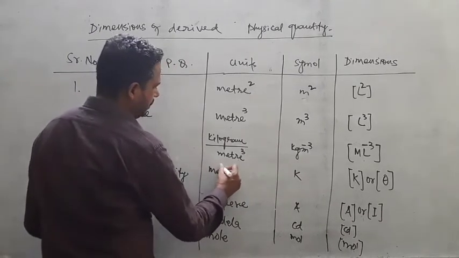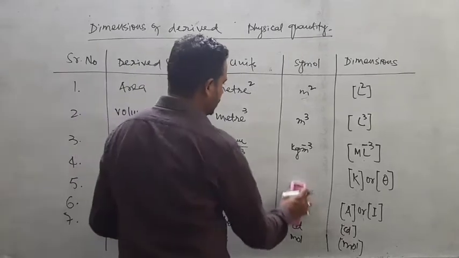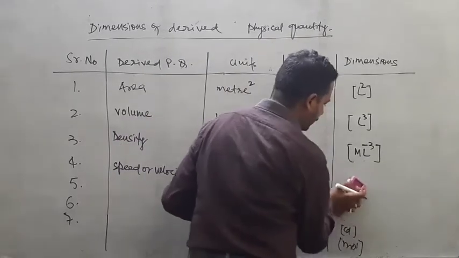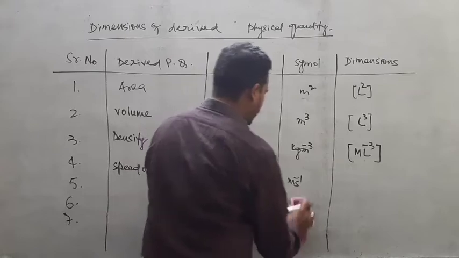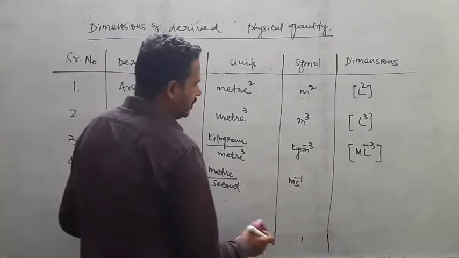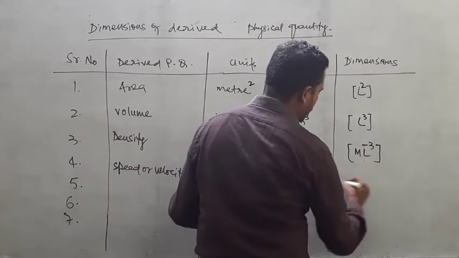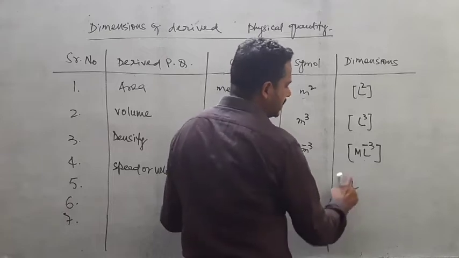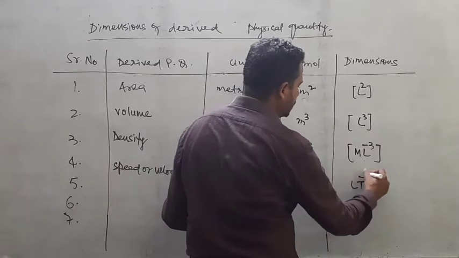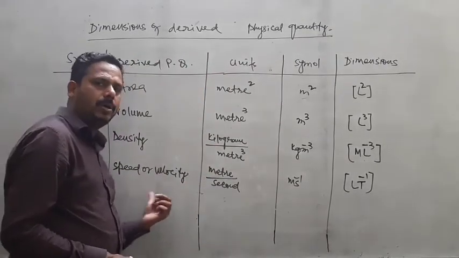In symbol it is written as meter per second, and its dimension is L for meter, which is length, and T to the power minus 1 for per second. So LT^-1 is the dimension of either speed or velocity.